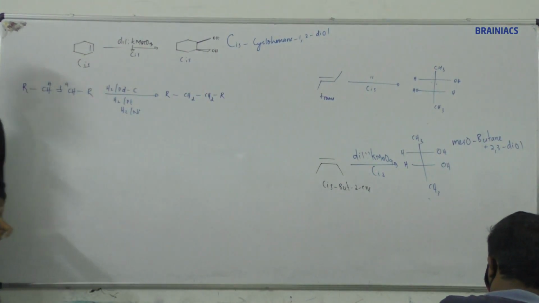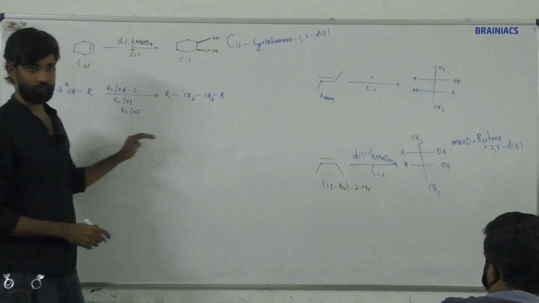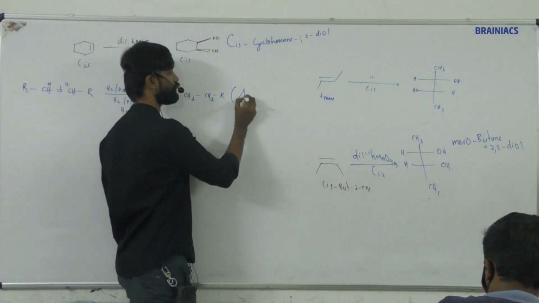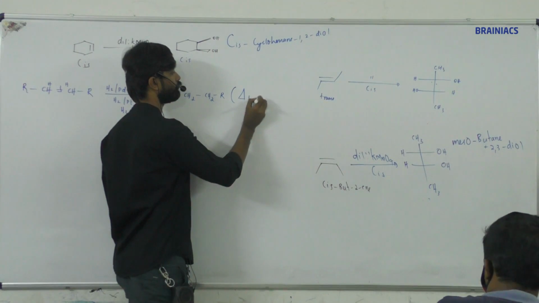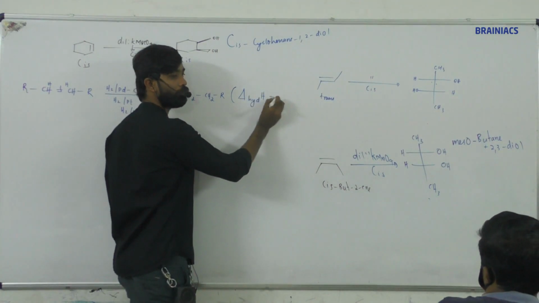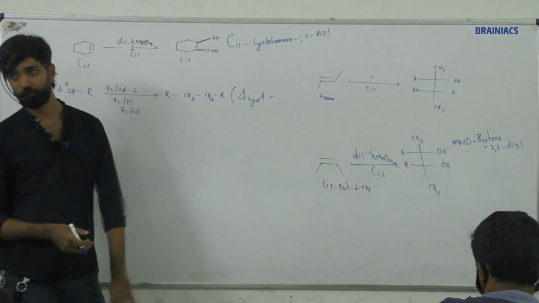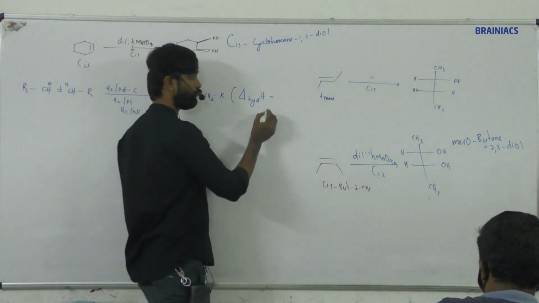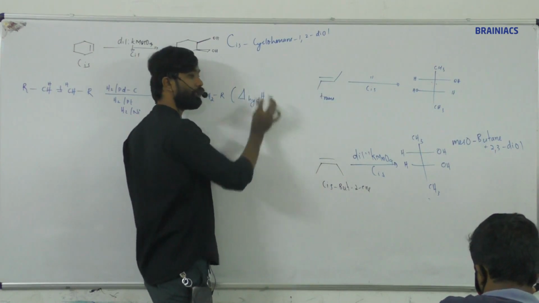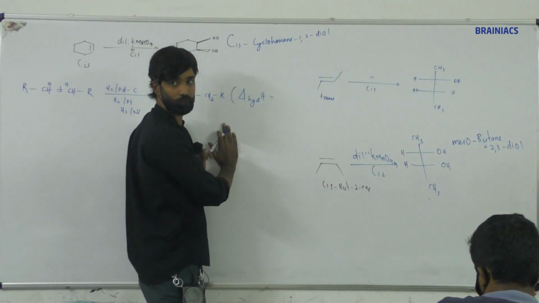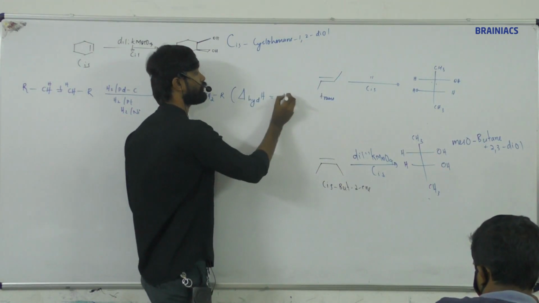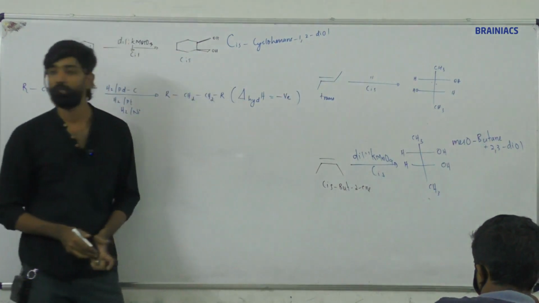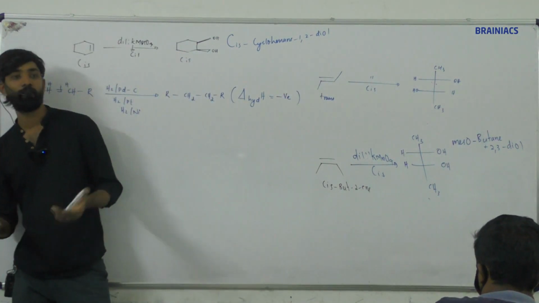This is already discussed, but a new term, just like your heat of combustion, there is a new term: heat of hydrogenation. Heat of hydrogenation will be negative. It means that when an unsaturation is hydrogenated to form a saturated compound, some energy is released, which is called the heat of hydrogenation.